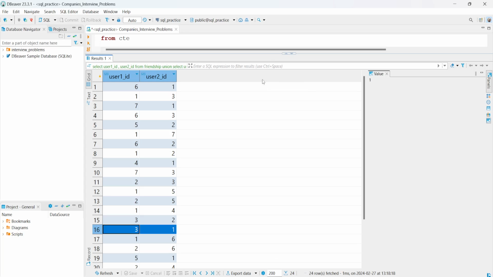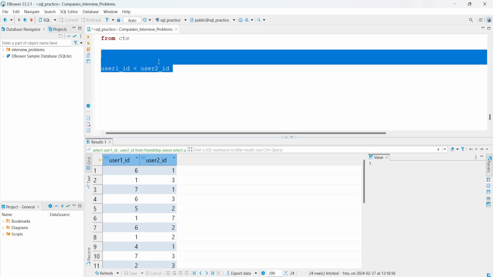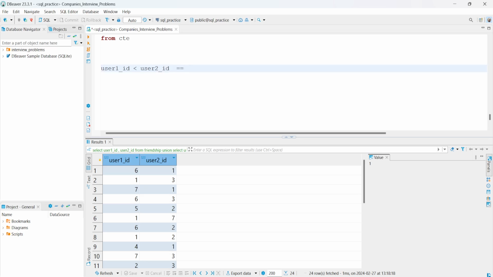Now the next thing is, for a friendship, the user one ID should be less than the user two ID, right? This is the first criteria. And the second criteria is that the friend of user one should be equal to the friend of user two, right?